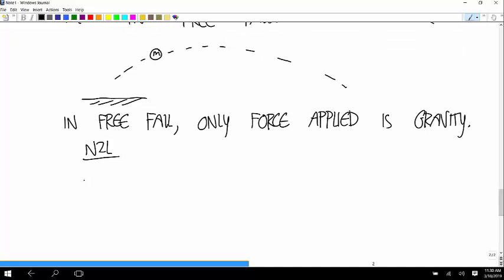Okay, so the net force, which is just the weight force in this case, because it's free fall, has to be equal to the mass times the acceleration. What's the acceleration of something in free fall? G down. Yep.